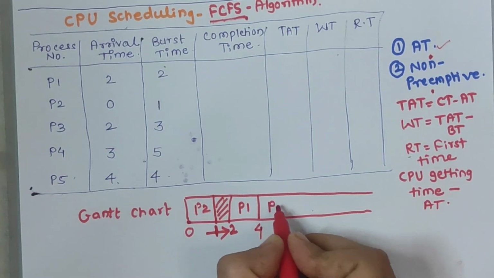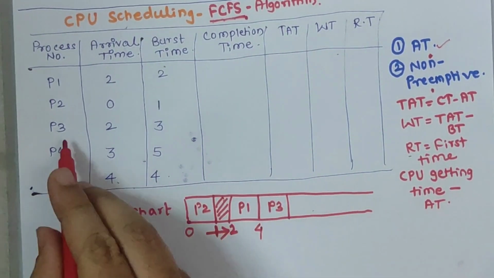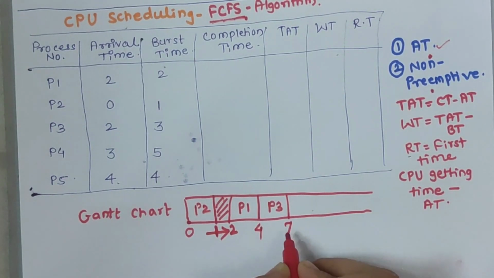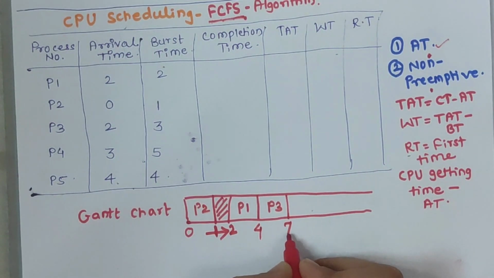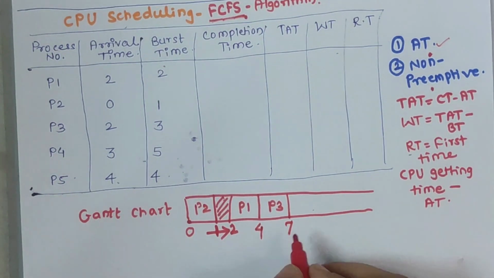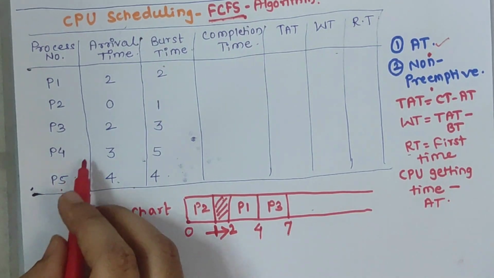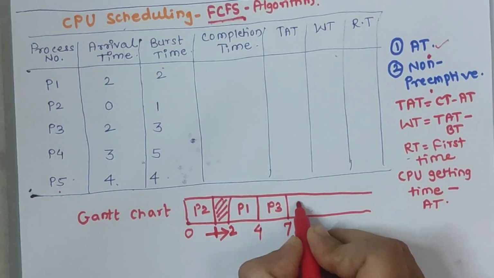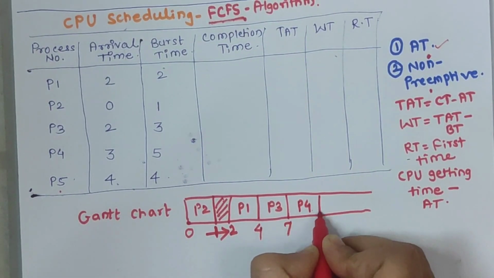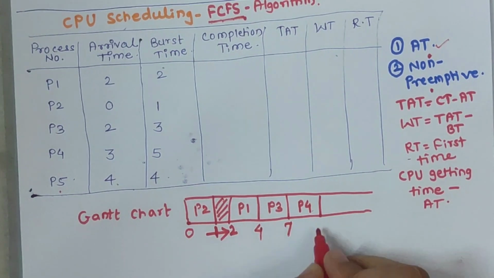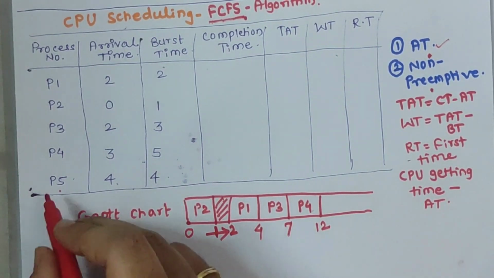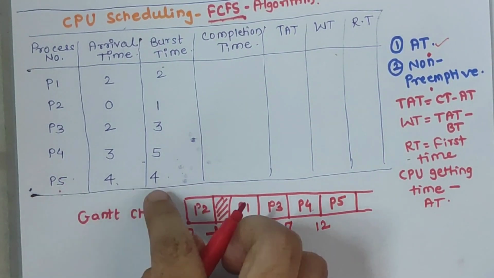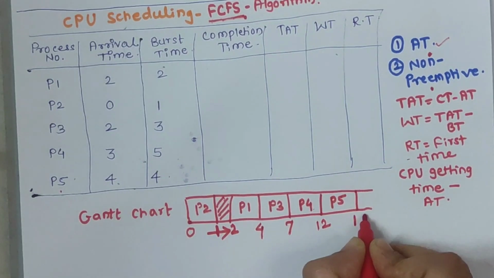P3 takes 3 units, so 4 plus 3, that is at time unit 7, P3 completes its execution. At time unit 7, processes P4 and P5 have already arrived at 3 and 4. So we put process P4 for execution. It completes after 5 units, that is at 12, and then we put process P5 into the CPU and it completes after 4 units, that is 16.